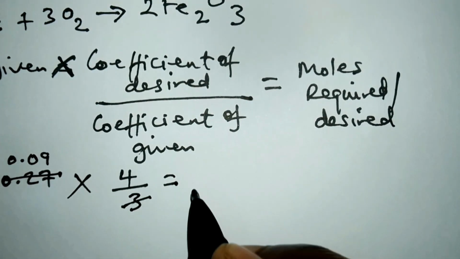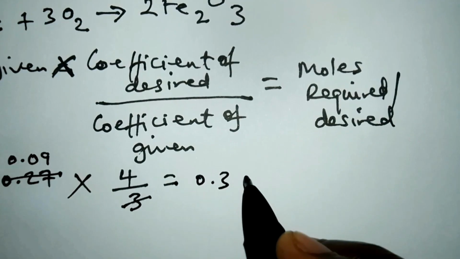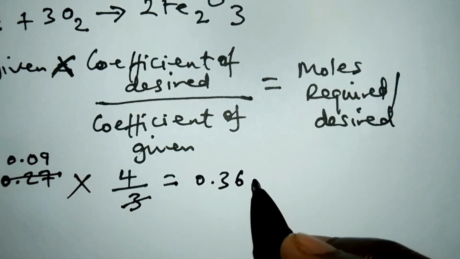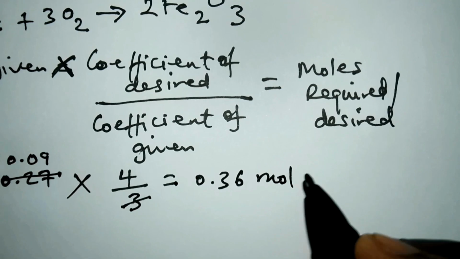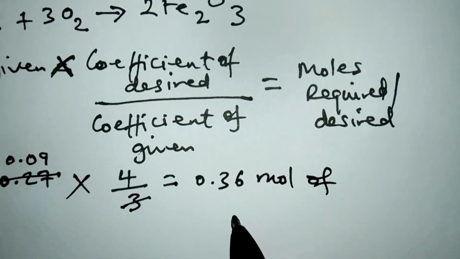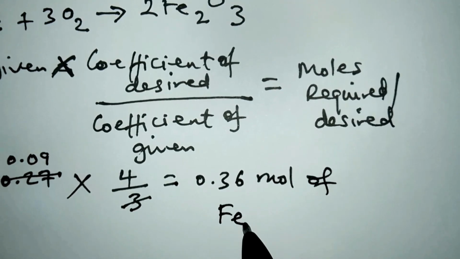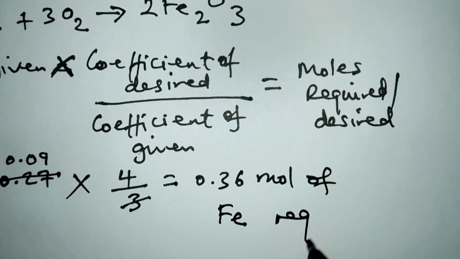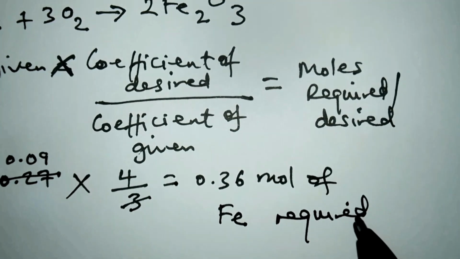This is giving us 0.36 moles of Fe that is required or desired.